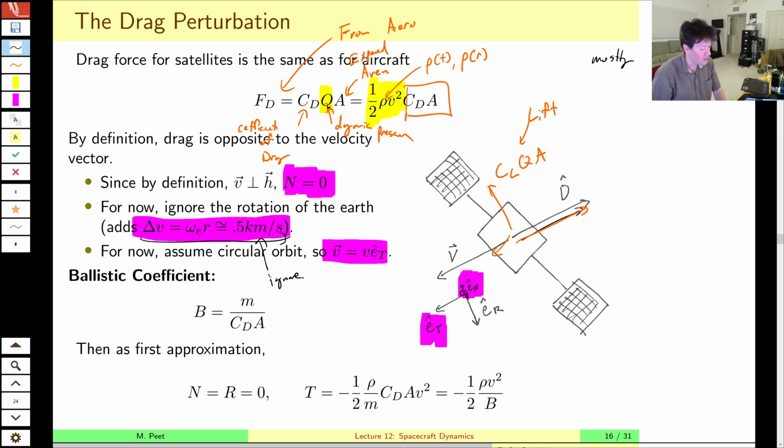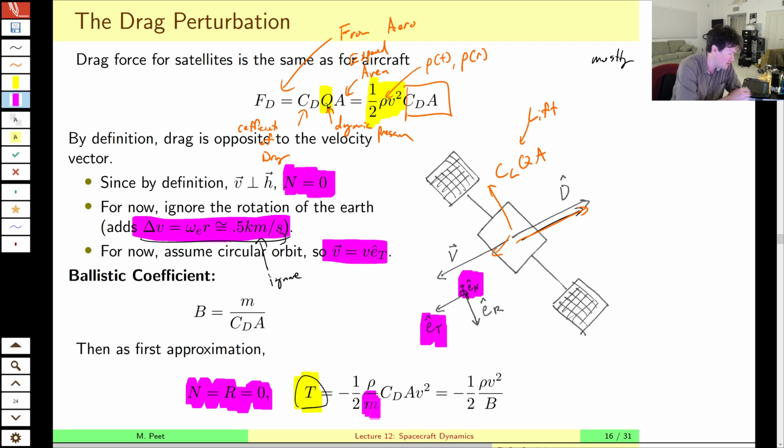Right. And so, okay, we got our expression for our force. It's solely in the tangential direction, right? We're going to ignore the components in the normal and in the radial direction. Its magnitude is given here, right? We've normalized it per unit mass.